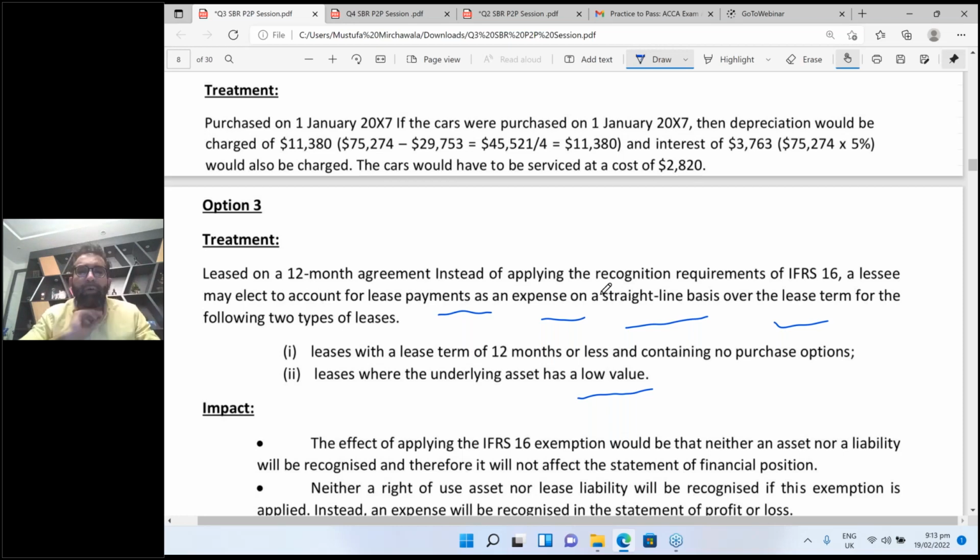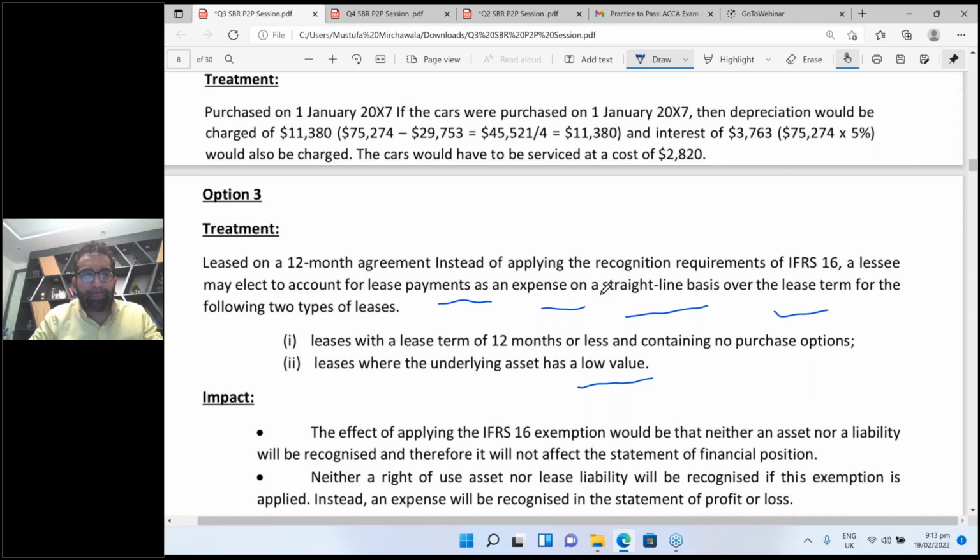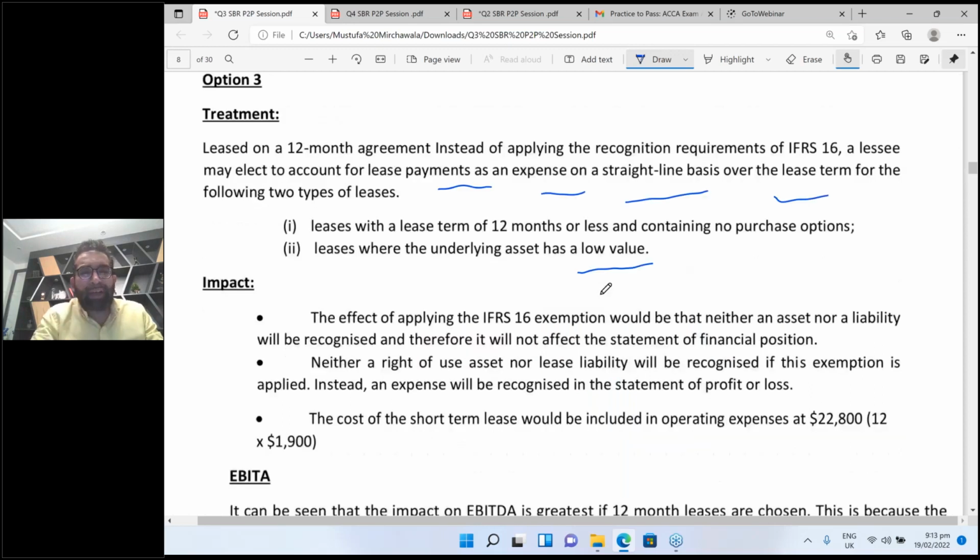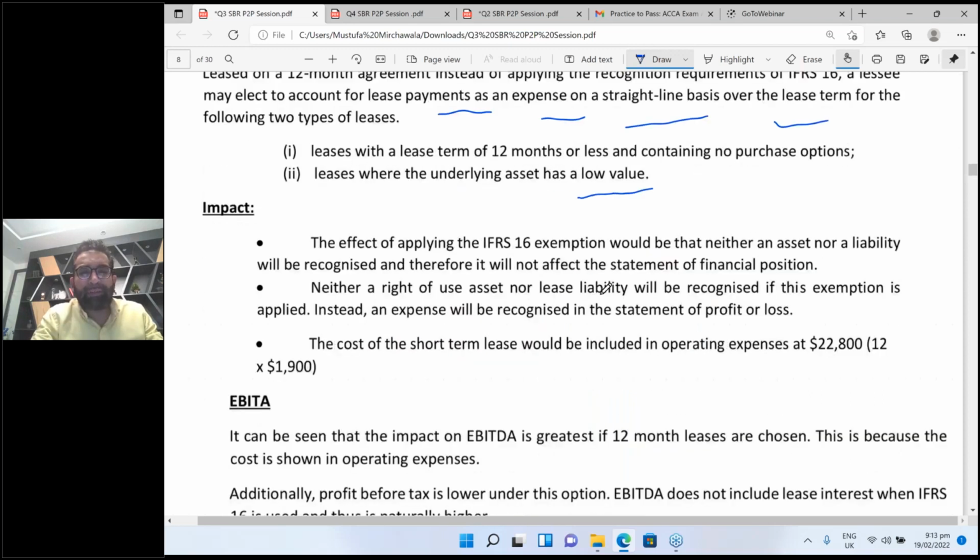Now, impact. Listen, the effect of applying the IFRS 16 exemption would be that neither an asset nor a liability will be recognized. If you apply exemption, then no ROU, no lease obligation, nothing in the statement of financial position. Instead, an expense will be recognized in the profit and loss.